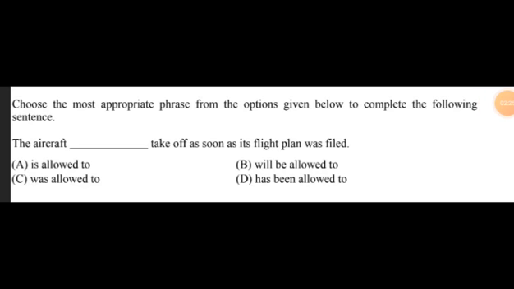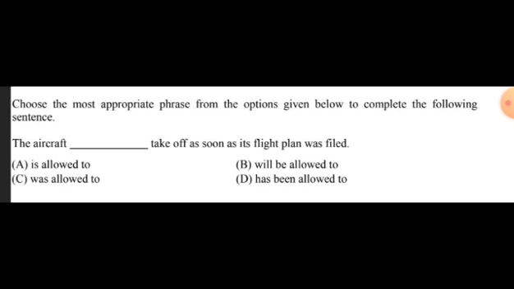Okay, now we discuss the answers for yesterday's questions. The first question is from general aptitude. I will read the question. The aircraft dash take off as soon as its flight plan was filed. Option A is allowed to. Option B is will be allowed to. Option C is was allowed to. Option D is has been allowed to.